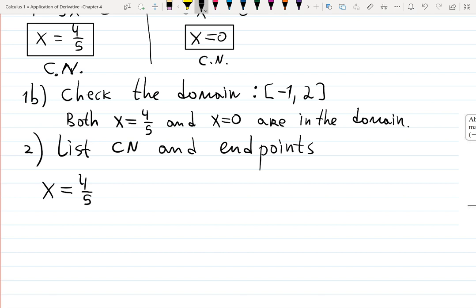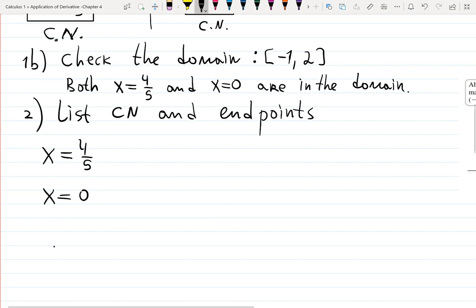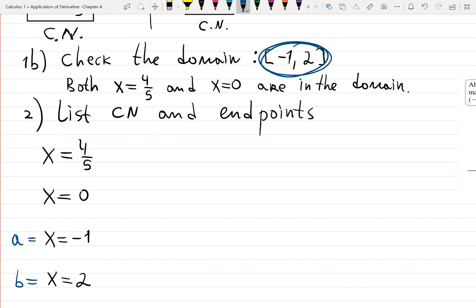I'm making literally a list. x equals 0. Then x equals -1. Then x equals 2. Did you catch where I got those numbers, -1 and 2? No? Then I will just write down, this is my A and this is my B. They're coming from here. Look at this interval. Those are my A and my B endpoints.